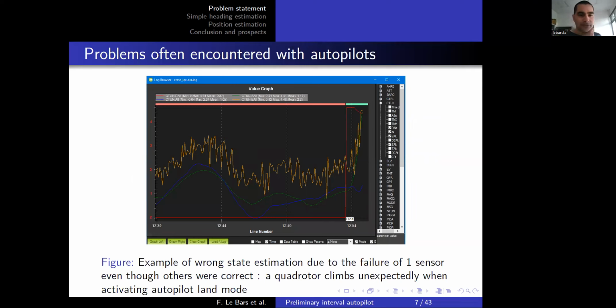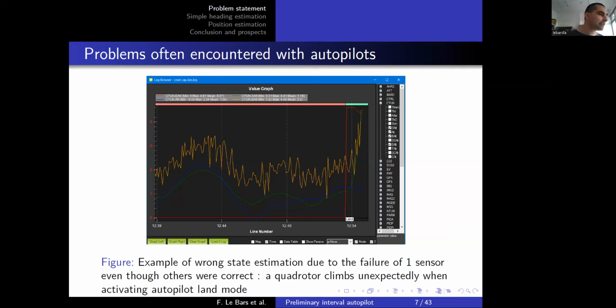The problem that we have sometimes with autopilots, and not only autopilots, also with the other devices that I mentioned earlier, is that even though they try to support a lot of sensors, a lot of devices that should be able to estimate the same state variable of the robot, we still sometimes have problems, wrong state estimations, which can cause the failure of the mission of the robot or even its loss.